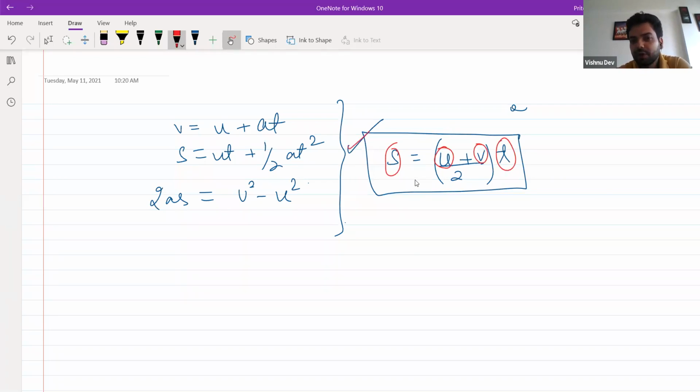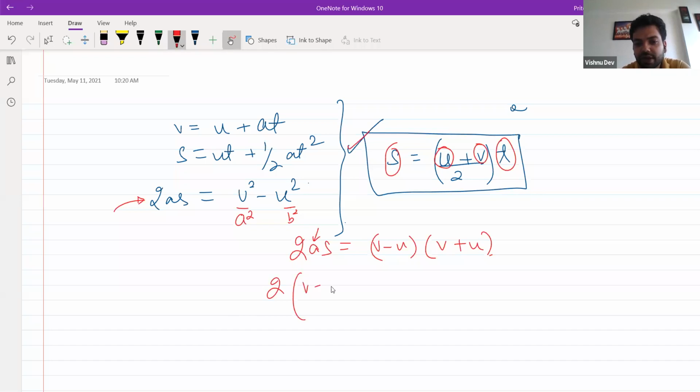So how did I obtain this equation? I took the third equation and tried to write it alternatively. So v square minus u square, I can see this is of the form a square minus b square. So I wrote (a minus b) into (a plus b). And then I put the value of acceleration, that was (v minus u) by t into s, and that was also (v minus u) into (v plus u).